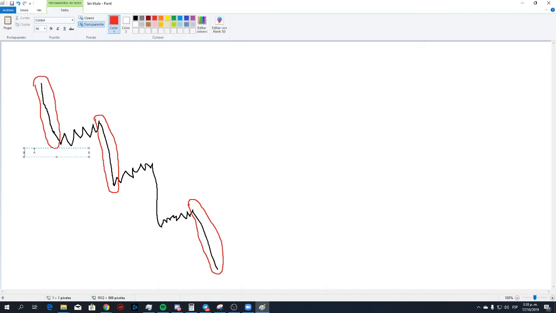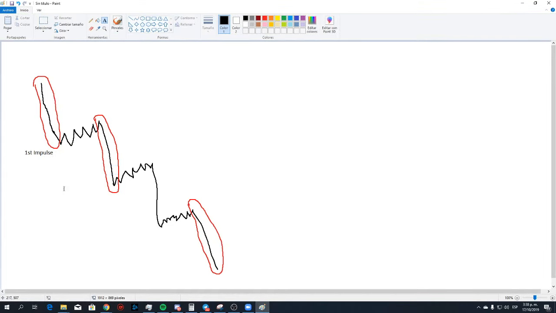I didn't want to use Paint, but I need to find better software for drawing. Okay, this will be our first impulse right here. Let me fix this.